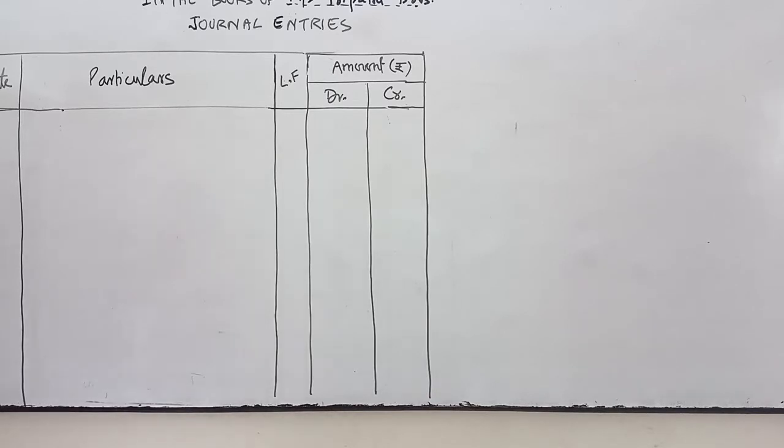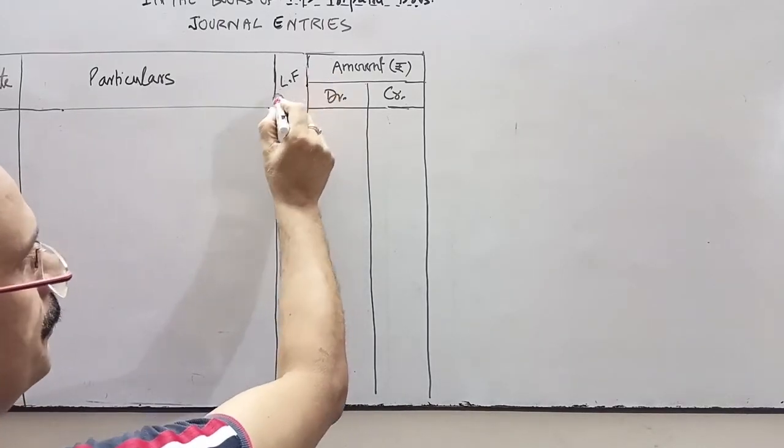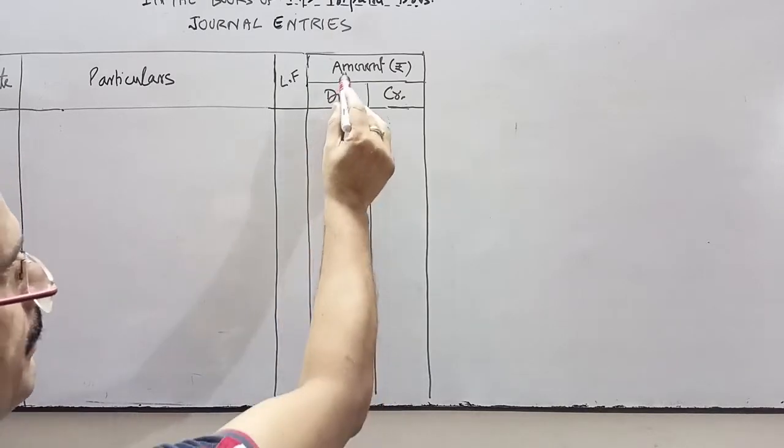That explanation should be clear, understandable and short. Then the next columns are ledger folio, LF, and amount.